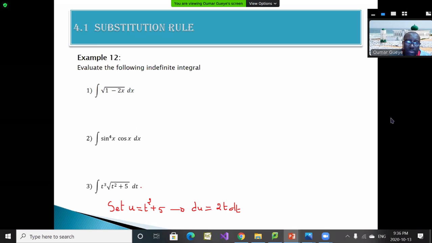So the integral now becomes equal to the integral of t cubed, and you have root of u. So from here, you guys can isolate your dt. dt is equal to du over 2t, because your new integral should be in terms of u only.